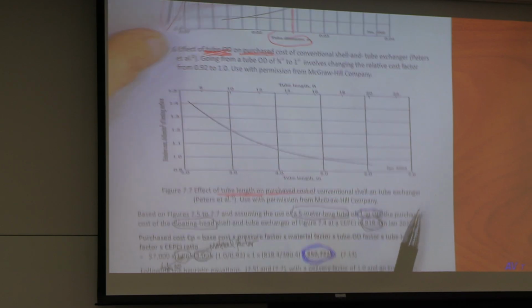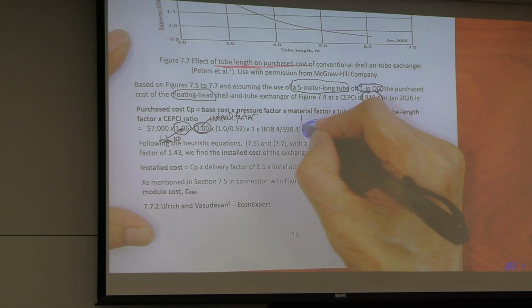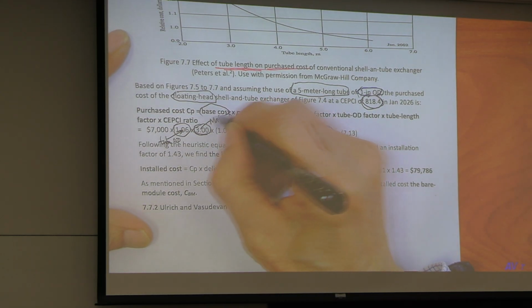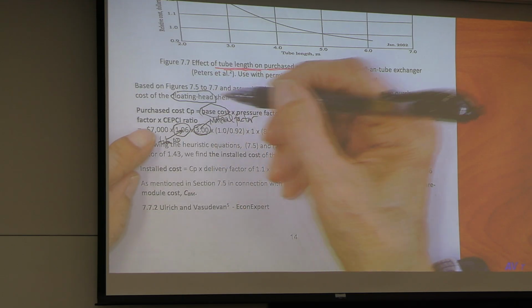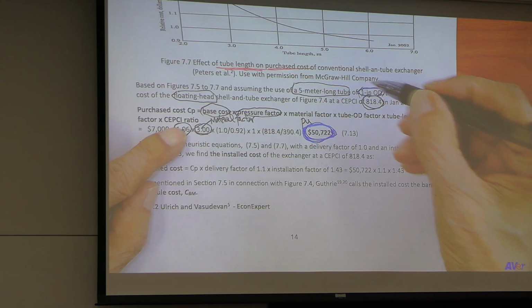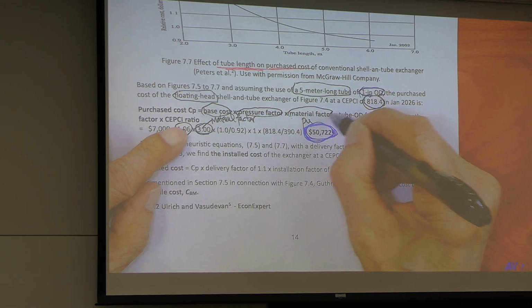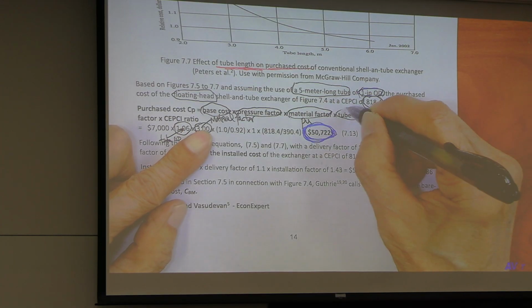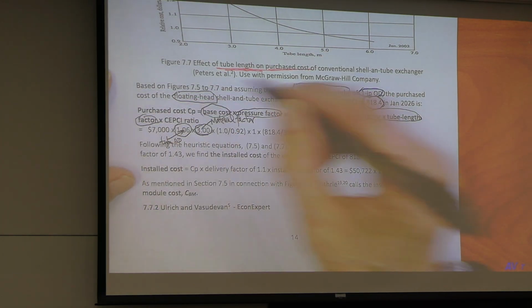So, this is a purchase cost. Base cost, 7,000. Pressure factor, 1.06. Material factor, 3. Tube OD, tube length factor.